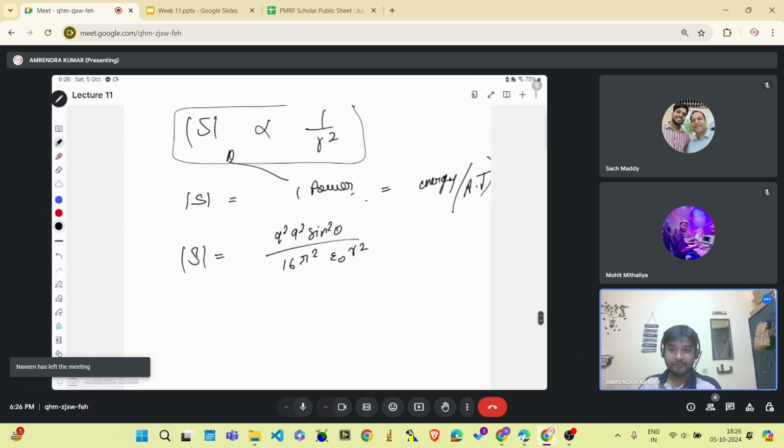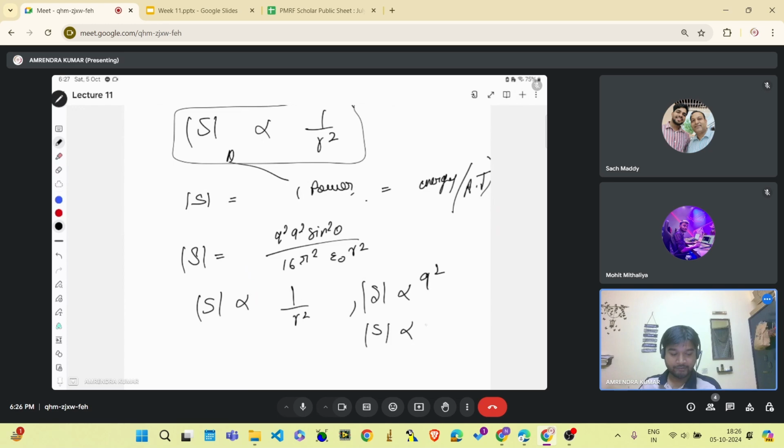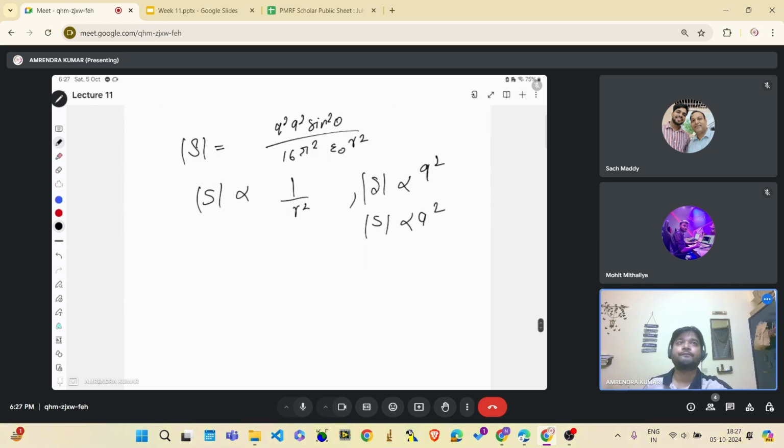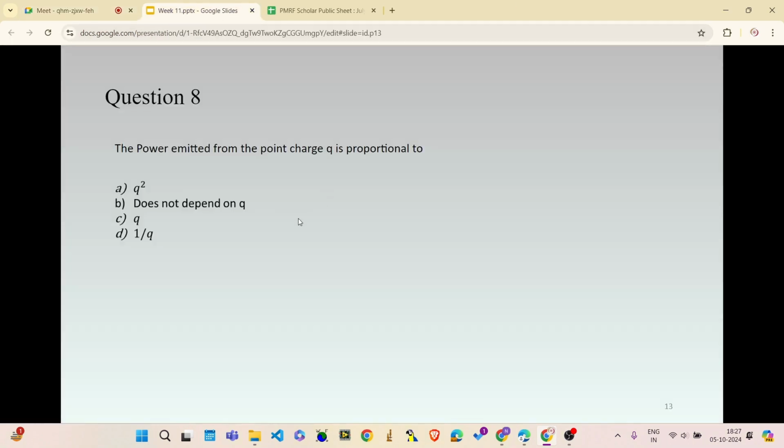So from here we will have S that will depend on the 1 over r square, S that will depend on Q square, S that will depend on the acceleration square. So all these things. So from here we can see that this S is dependent on the Q square.